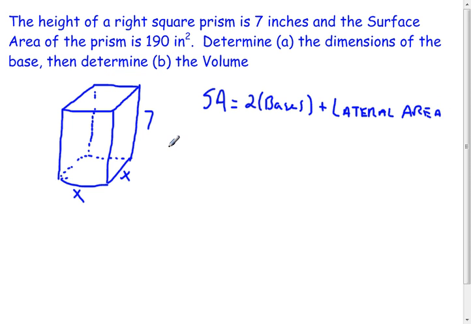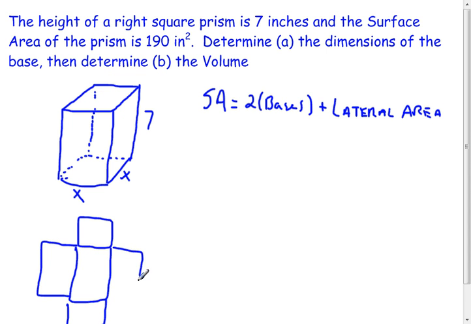Okay, so for this, I'm going to need to draw out the net, so let's do that. The net, there's going to be a square on top and bottom, and then here's the back side, here's another square, and then we've got the left, the right, and then this front side here is going to be attached to the right side.